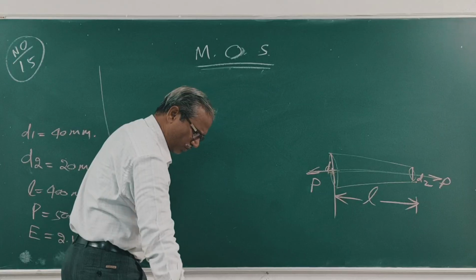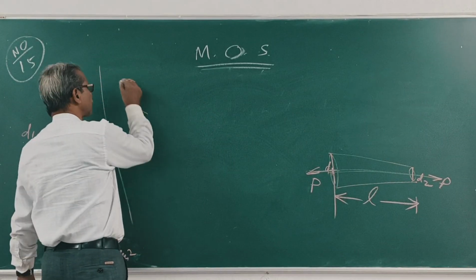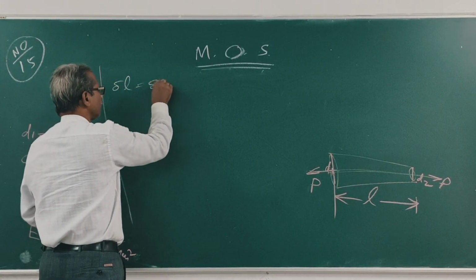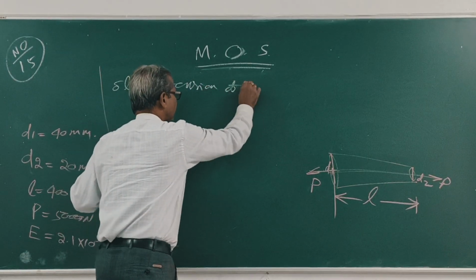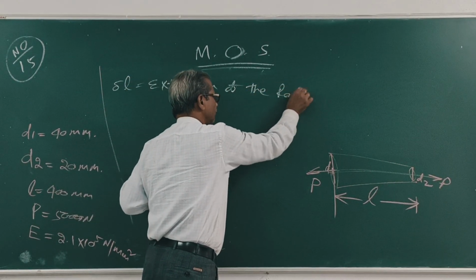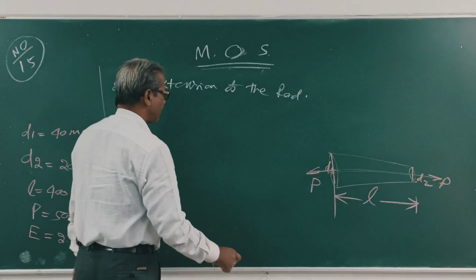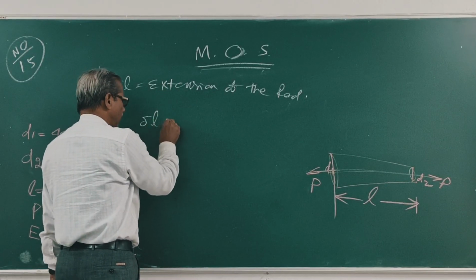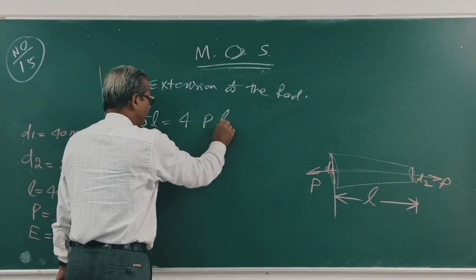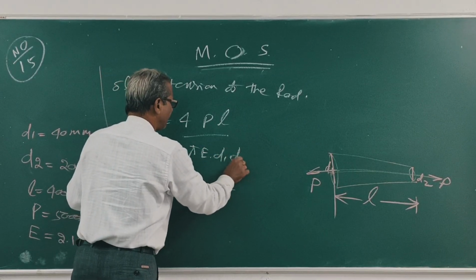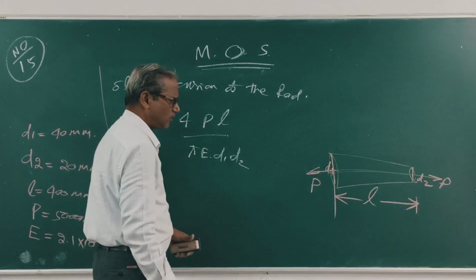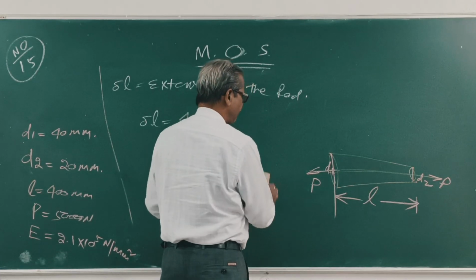What is delta L? Extension of the rod. Clear? Now delta L is equal to 4PL by pi D1 D2 E, right?